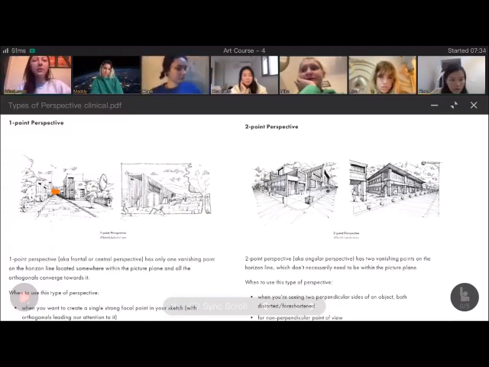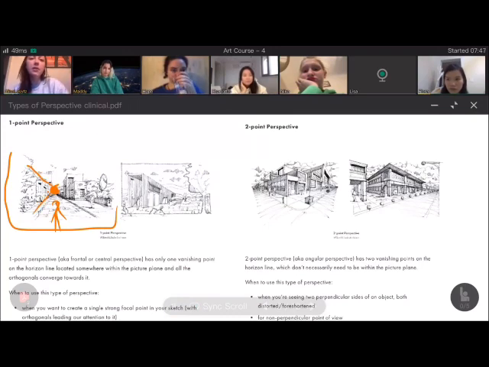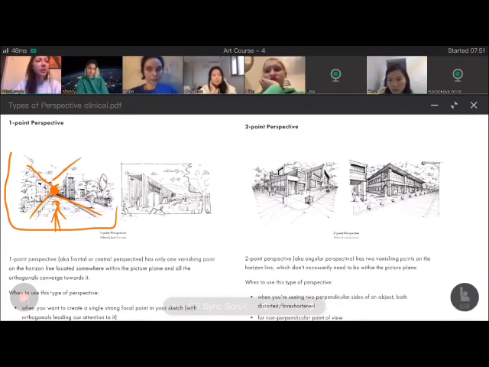In front of you there are two examples of one point perspective, where if you are standing here on the street, you will see at the back that everything vanishes at that point. All the buildings. Welcome, Anna. All the buildings, everything goes into this one imaginary spot.